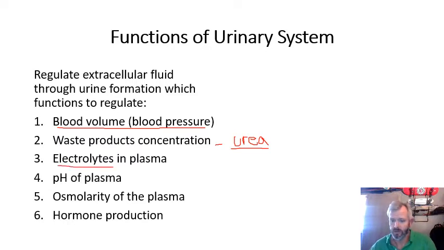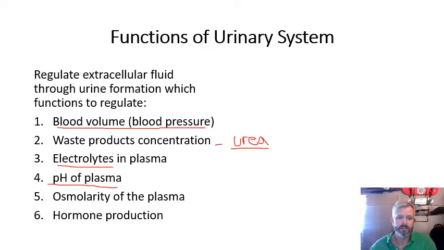Electrolytes, the sodium, potassium, the protons. We're going to see protons are regulated. The pH is regulated by the urinary system. We already saw the respiratory system has some regulation in pH, and the urinary system, be it bicarbonate reabsorption, will play an effect, and we'll look at that further later on in the lecture.